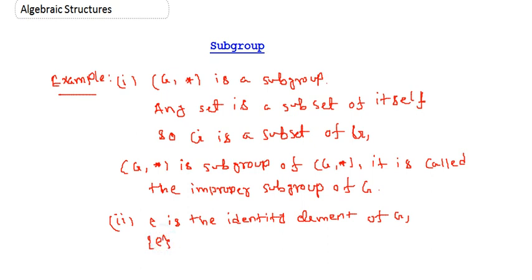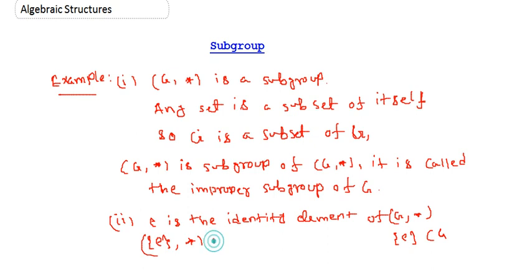If we talk about the singleton set, it is a subset of G. Under the same composition star over G, it becomes a group.